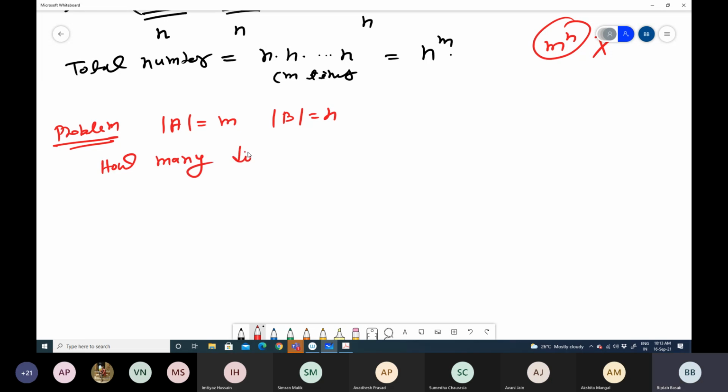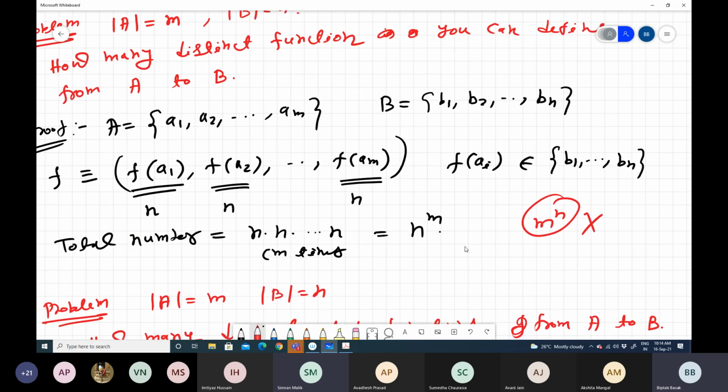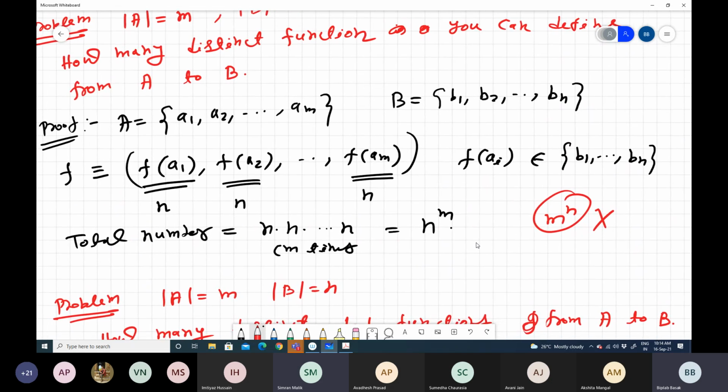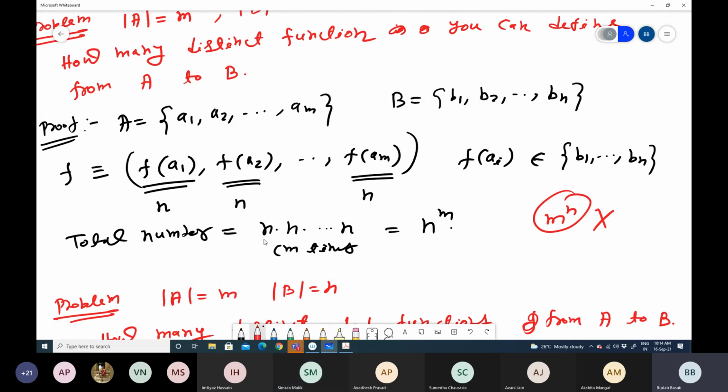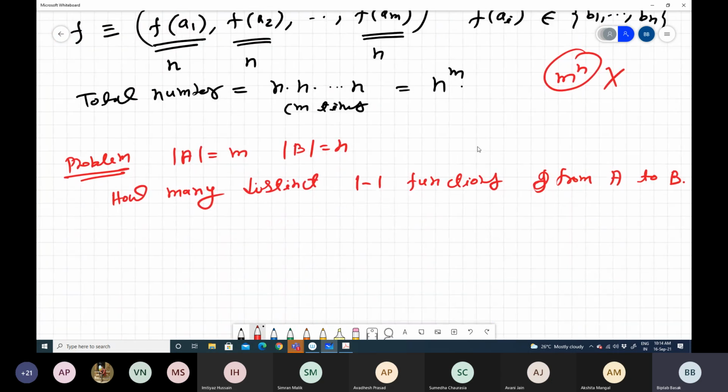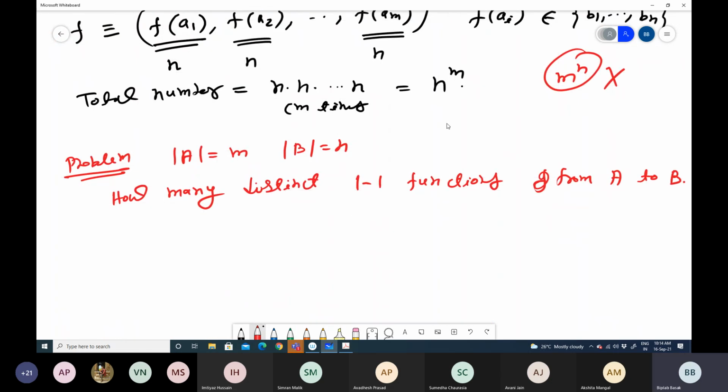How many distinct one-to-one functions are possible from A to B? Now can you give me a quick answer for this one? So here we need only one-to-one functions.